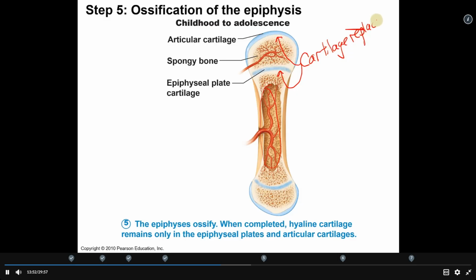So the osteoclasts and osteoblasts are replacing the cartilage on the bottom with bone. And the same thing is happening here on the part of the cartilage wedge that's facing the medullary cavity, okay? Cartilage replaced with bone.